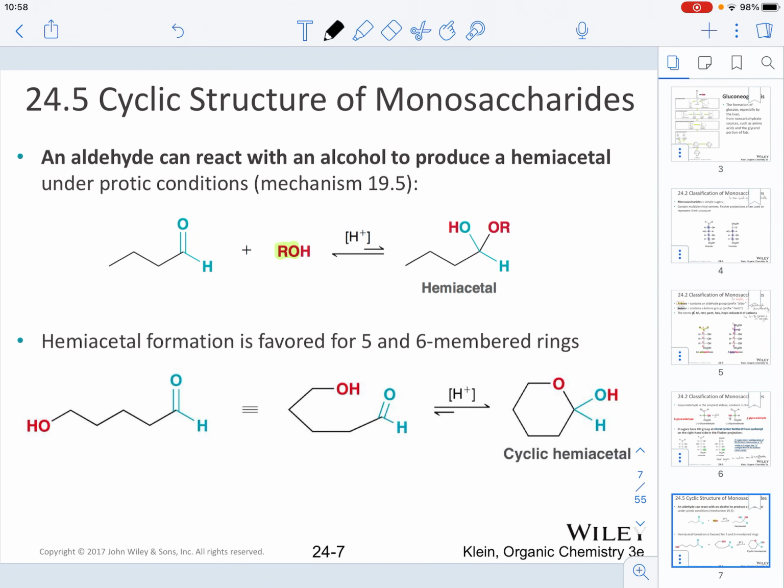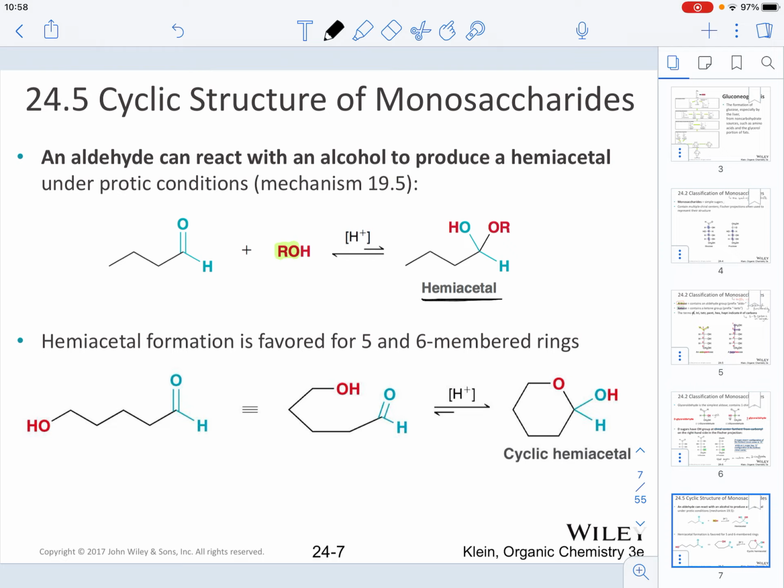Now, one of the things that is observed is that these monosaccharides are not found in open form, which is the drawing that we observe in the Fischer projection. We learned previously in the aldehyde and ketone chapter that if you have an aldehyde or a ketone in the presence of an alcohol, one of the things that can form is a hemiacetal.